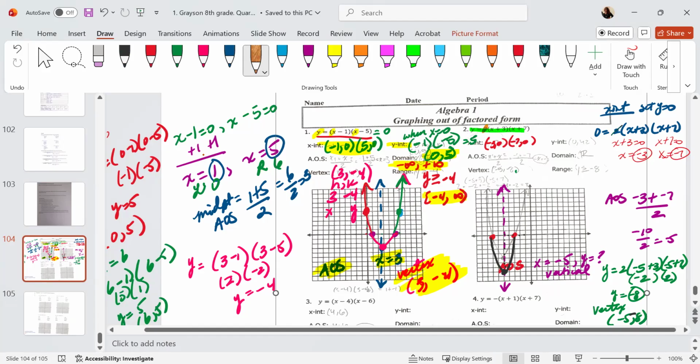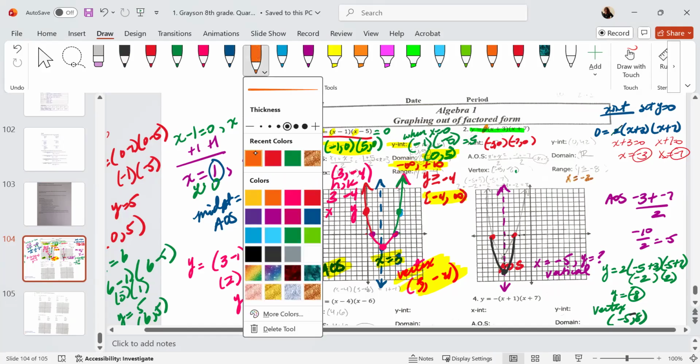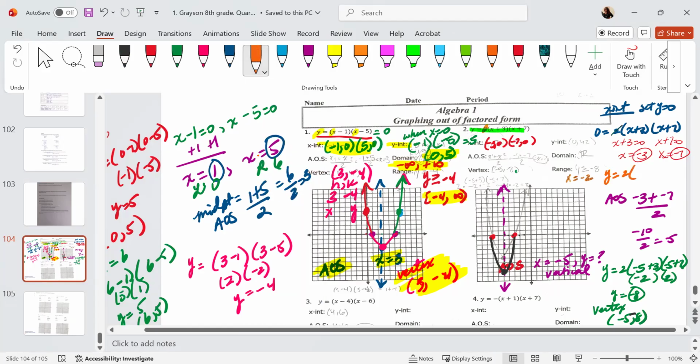Yeah, so when x equals -2, you plug it in. Y equals 2 times (-2 + 3), which is a 1, times (-2 + 7), which is a 5, right? Which will give me a 10. So your next point is (-2, 10). So -2, 10. 1, 2, 3, 4, 5, 6, 7, 8, 9, 10. So this goes all the way up here. Does that make sense?